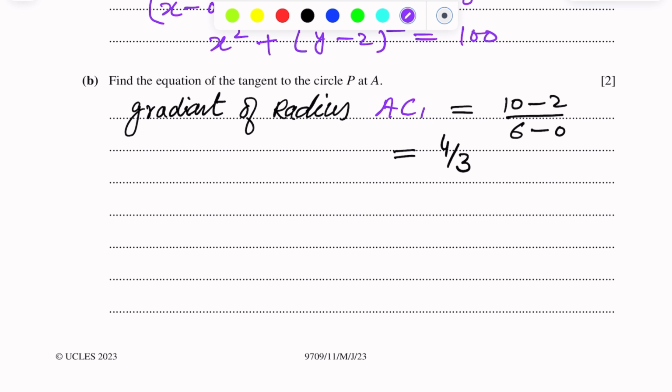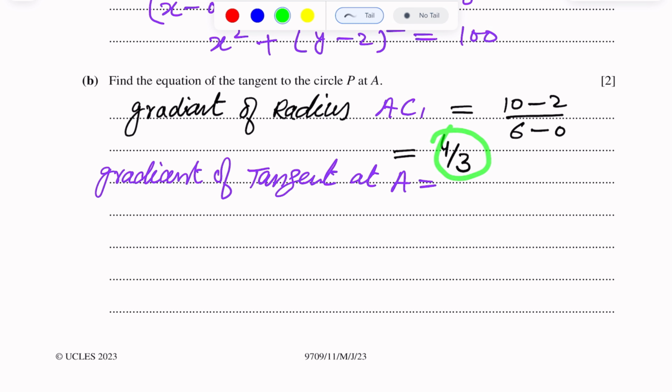So gradient of tangent at A will be negative reciprocal of 4 over 3, that will be negative 3 over 4.